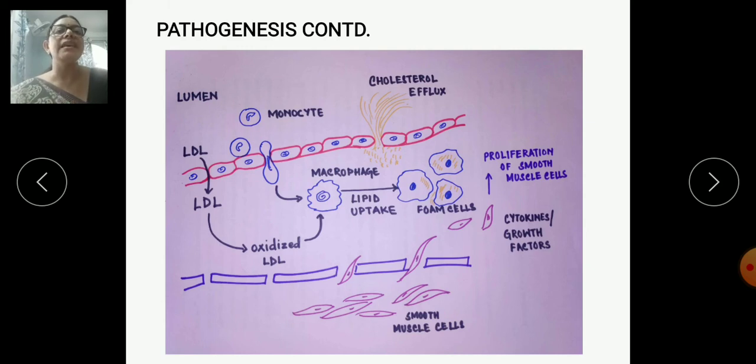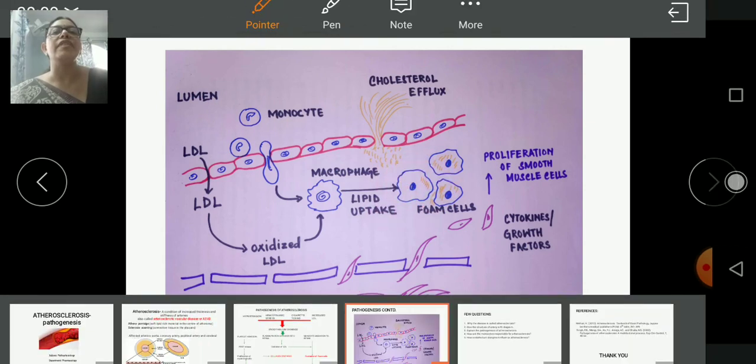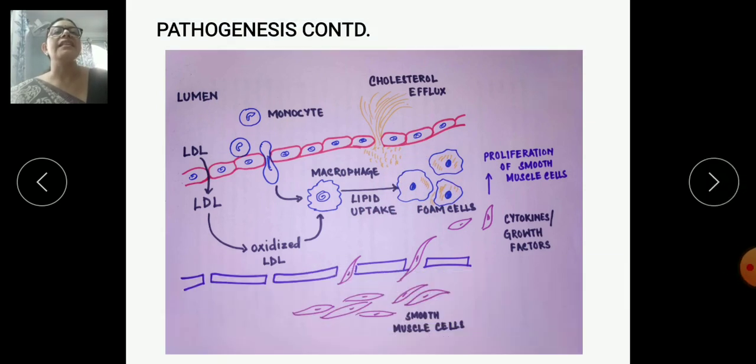Moreover, excess amount of lipid is there. Excess amount of lipid got oxidized. And this excess amount of lipid moves out through gaps in the endothelial layer, goes into the lumen, and gets deposited over here. As a result, if you remember the first figure I have shown, there is deposition of lipid substance into the blood vessel.